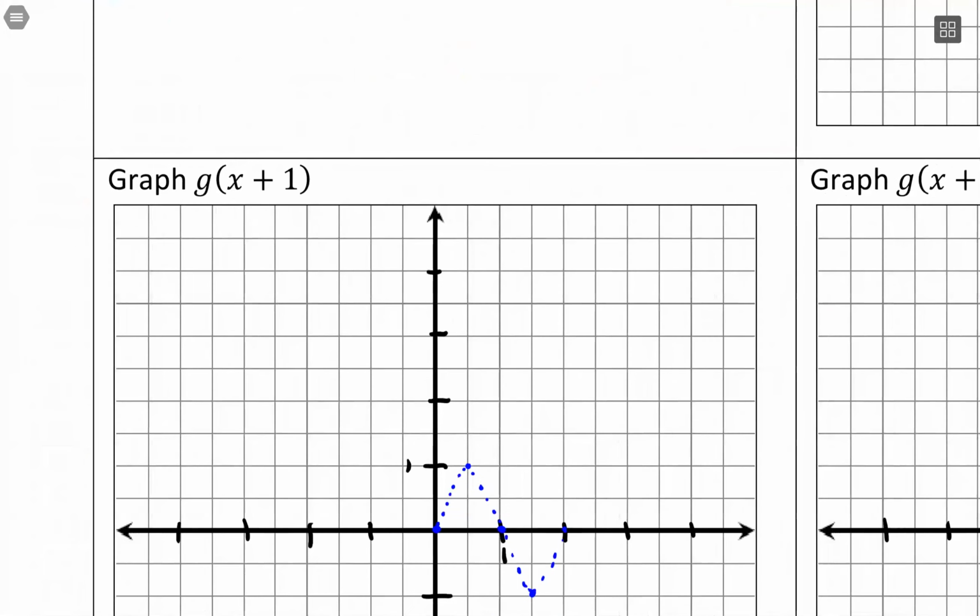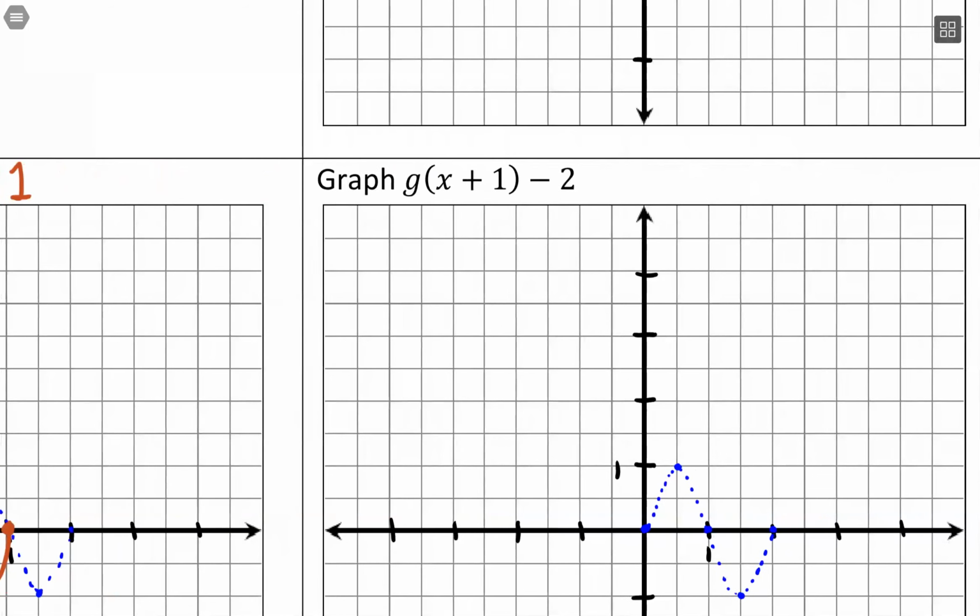Then down here, I have +1, and that will mean we're moving to the left 1 unit. So left 1, left 1, left 1. So we'll have our curve like that.